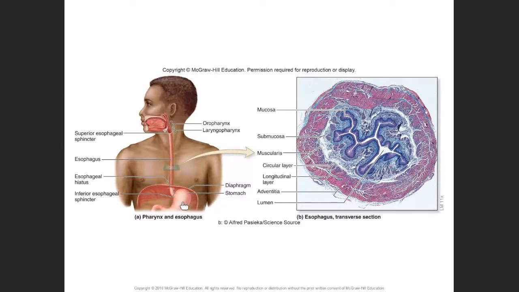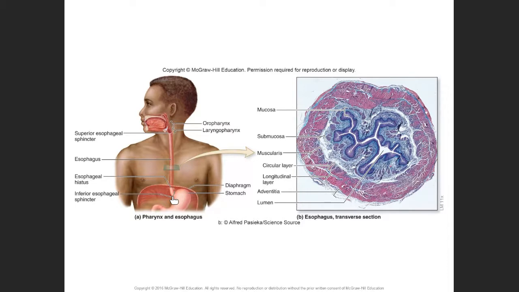We have two sphincters for our esophagus. One sphincter is located between the pharynx and the esophagus, which we call the superior esophageal sphincter, and the other sphincter is located between the esophagus and the stomach, and we call it the inferior esophageal sphincter, or the other name of the inferior esophageal sphincter is the cardiac sphincter.